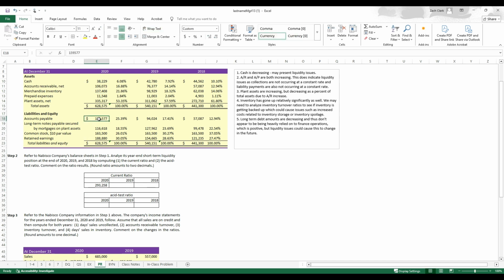And when it comes to current liabilities, we just have accounts payable. So we've got this formula adding up all of our current assets. I'm going to put parentheses around those to have that be one number, and then divide by total current liabilities. In our instance here, we have 1.84.